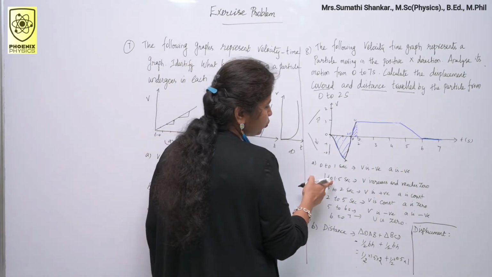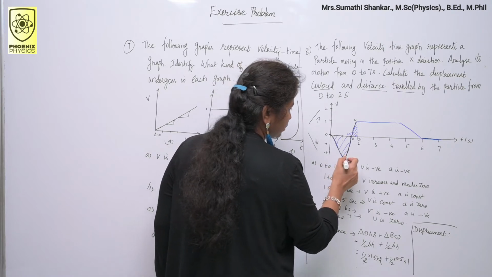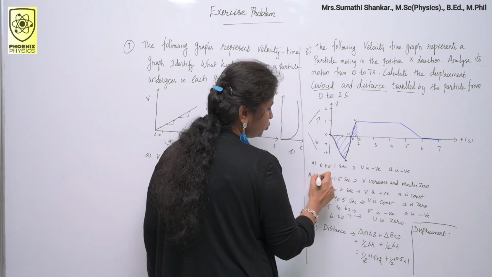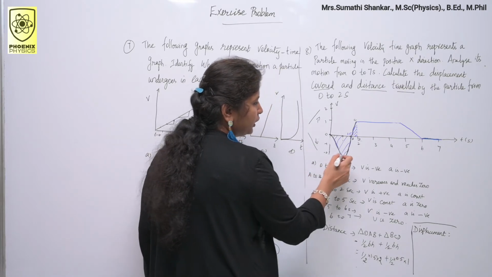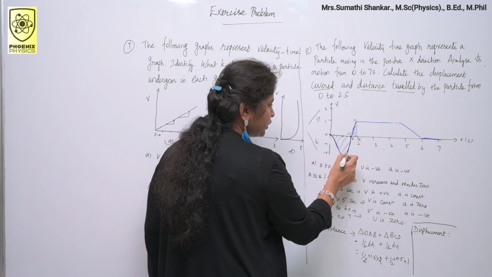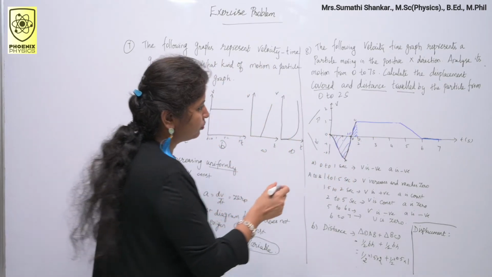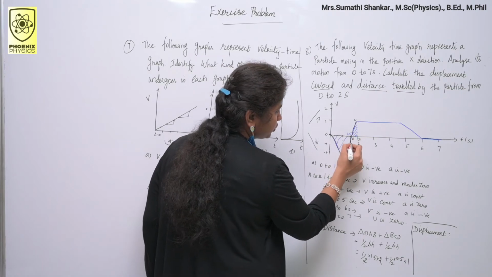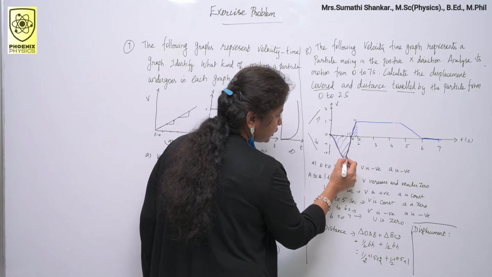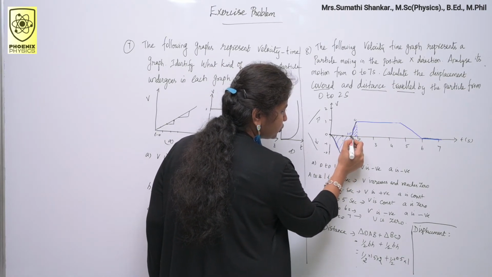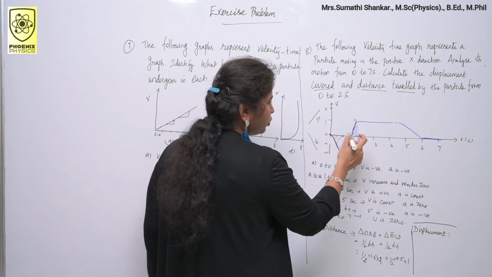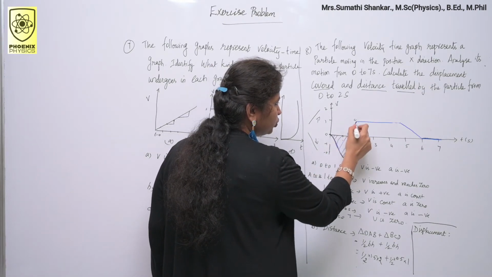So V is negative, so A is also negative. Then 1 to 1.5 second, from A to B. Here velocity increases slowly. At B it reaches 0. I am talking about this line. Velocity increases slowly and reaches 0 at B. From 1.5 second to 2 second.